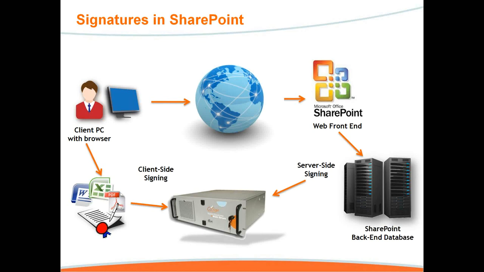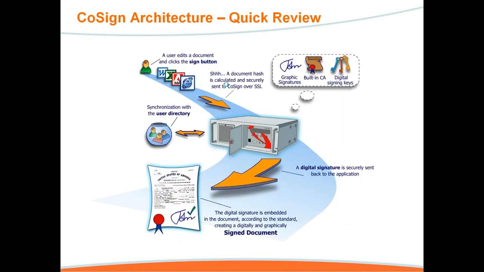You just use the web browser. It can be used with external users outside of the organization, so that you don't need to make them download software and then support them on how to install it and so on. As you can see, in both scenarios, CoSign is the main digital signature provider behind the scenes, and CoSign will be doing all the signing operations.